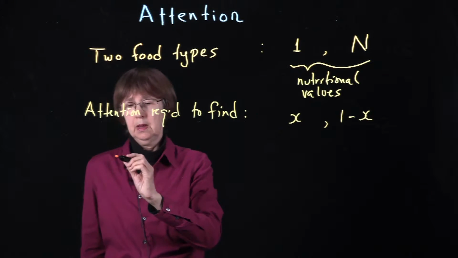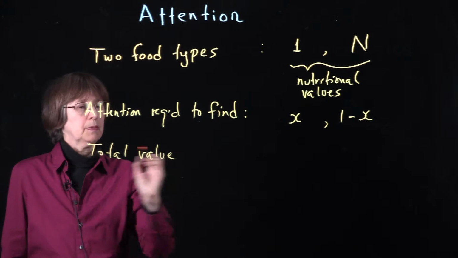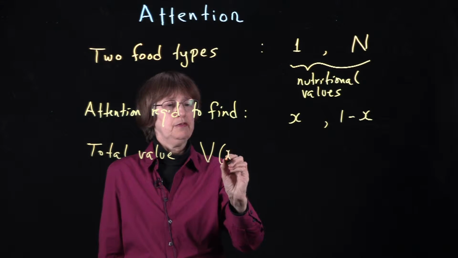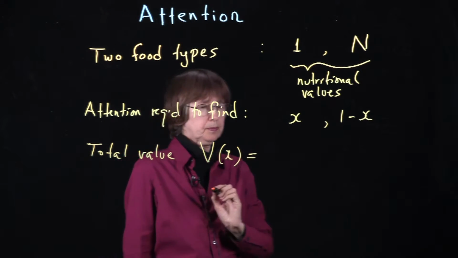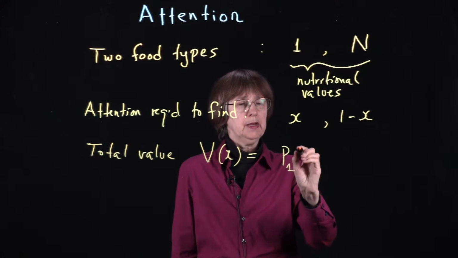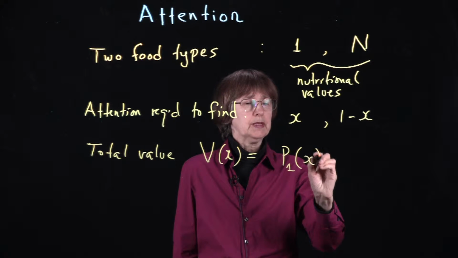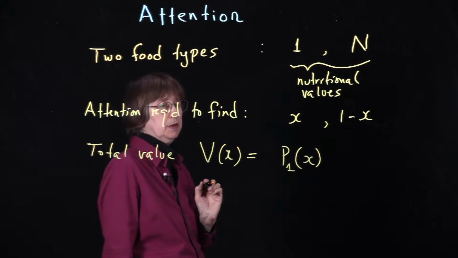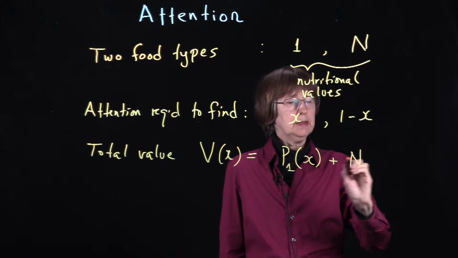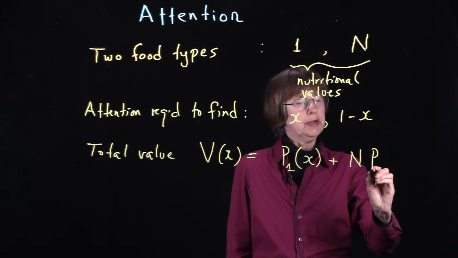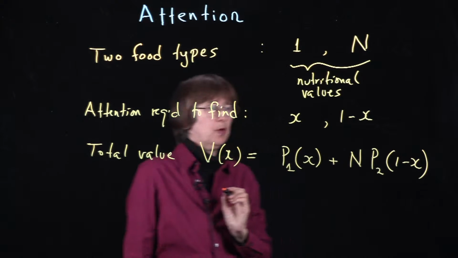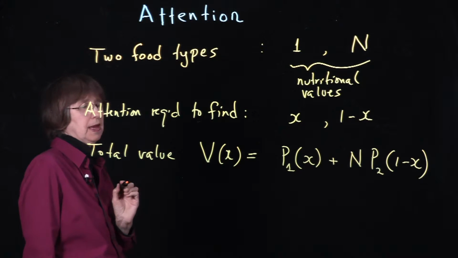Now the total value of the food that the animal finds, denoted by v of x, is going to be the probability of finding food type 1 based on how much attention is devoted to that task, plus n times the probability of finding food type 2, given that the animal spends the rest of its attention on finding that second food type.